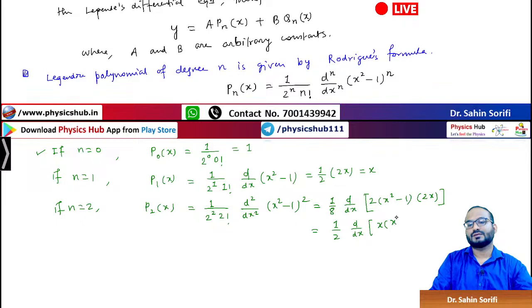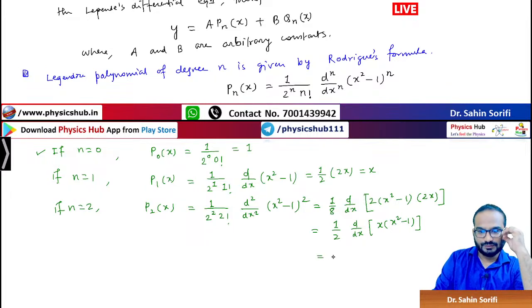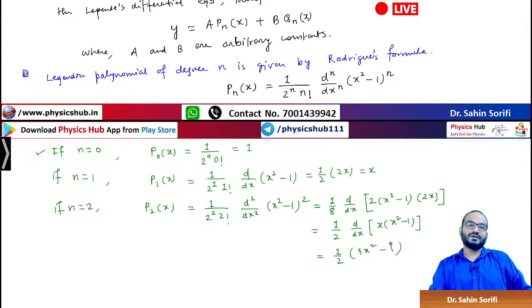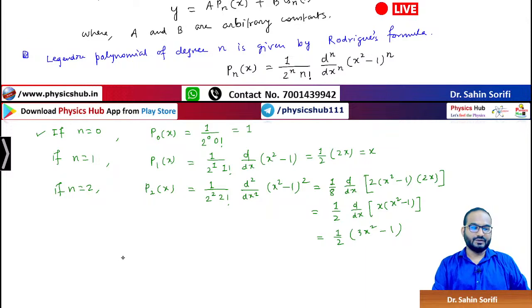If you calculate this, you will get half times (3x square minus 1). So these are the first three Legendre polynomials, and similarly you can evaluate higher degree Legendre polynomials.